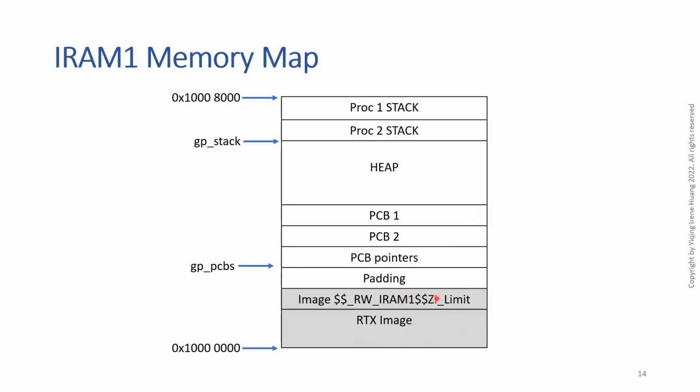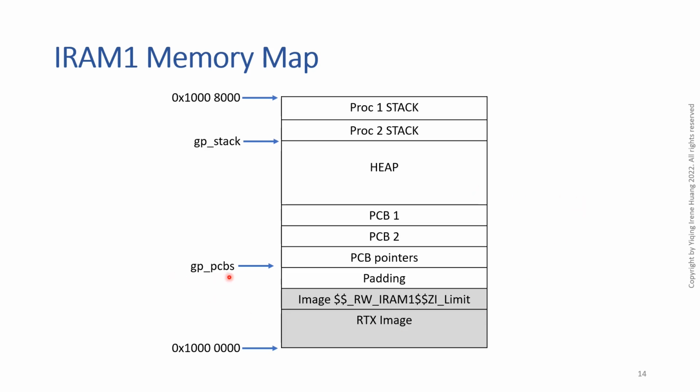At the end of the image, we have this symbol, and sometimes you may want to add paddings. That's optional. And we put two PCB pointers here. So now you're going to expand this with more processes, so you're going to have more stacks going down this way and more PCBs going up that way. That's basically what you're going to do.